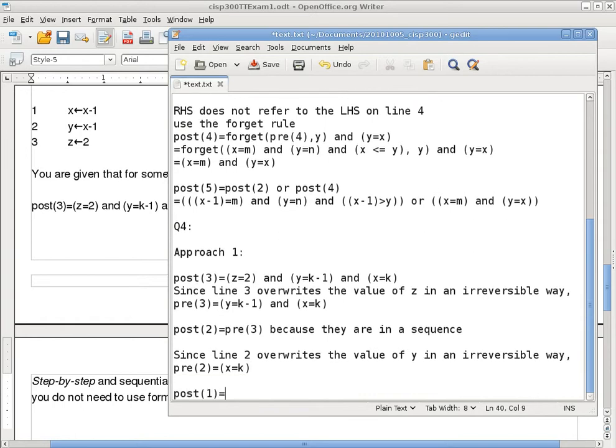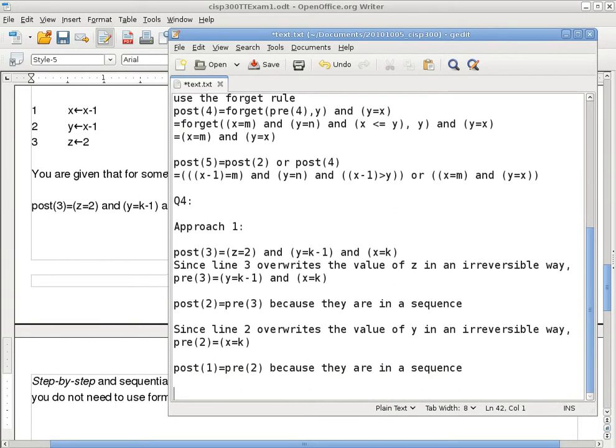So now you can say post 1 equals pre-2 because they are right next to each other and in a sequence. Just like that. Now what do I say? Is line 1 reversible? Yeah.